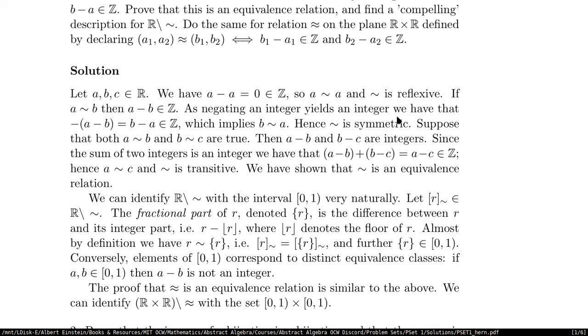Then, okay, the fractional part of R, denoted by curly braces, is the difference between R and its integer part. So that is R minus the floor function. Okay, almost by definition, we have R is identified with the curly braces R, so they are in the same equivalence class.